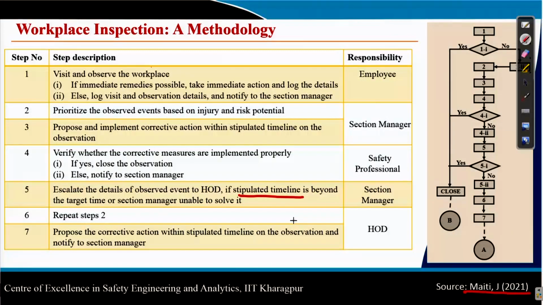So our process should take care of this. The inspection process should take care of this. Then as I told you, again repeat step 2, meaning prioritize this and propose the corrective actions with the stipulated time on the observation and notify the section manager or the authority who is responsible for this.